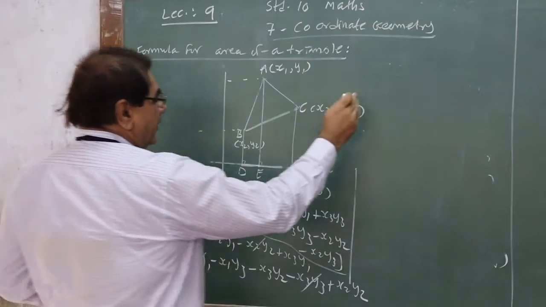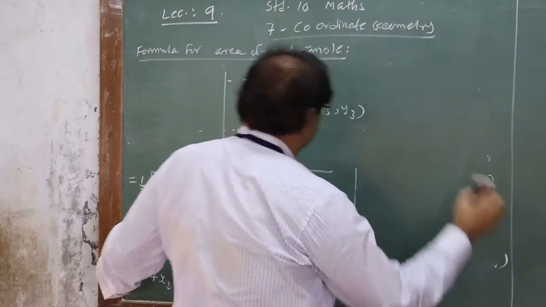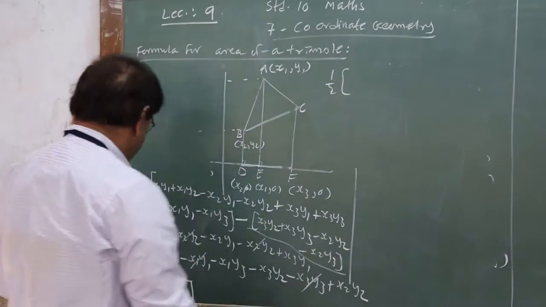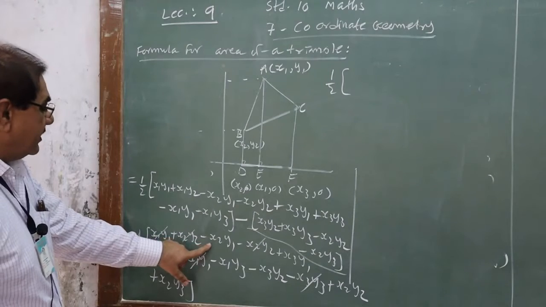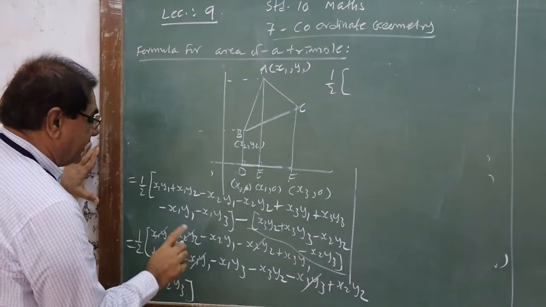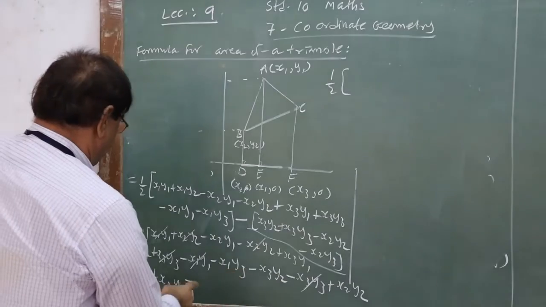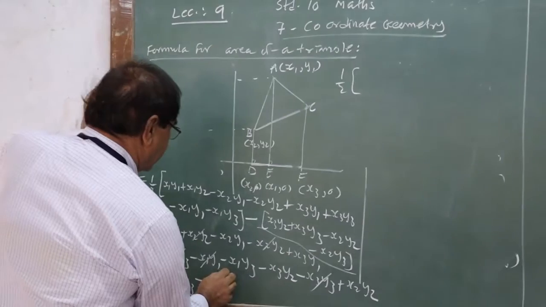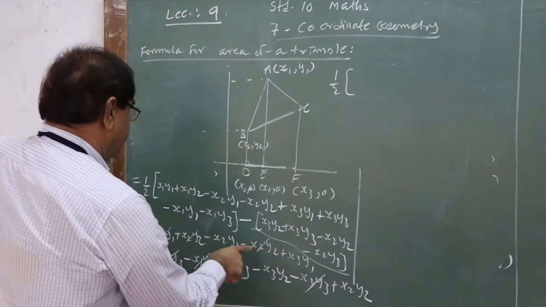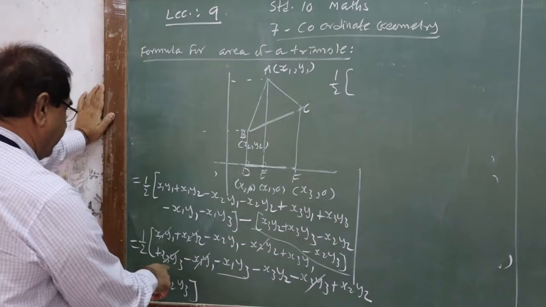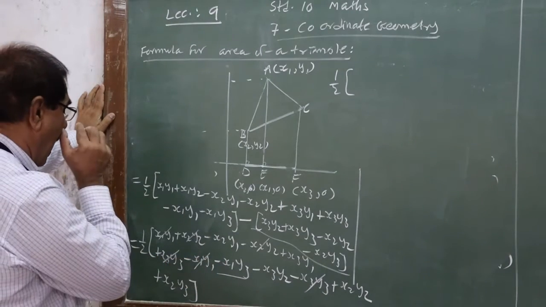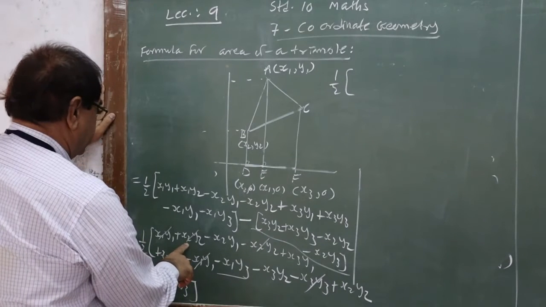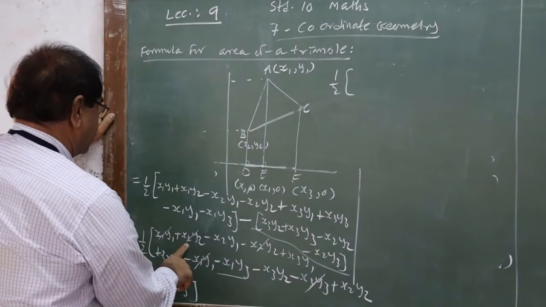Now 1/2 is common, into bracket. What is left over? First of all I will find the terms with x1. So x1, x2, x3, it is x1, one term containing x1, and the second term containing x1 is x1 y1 plus x1 y2.